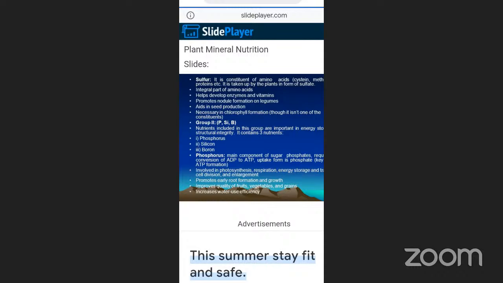In maize and tomato, phosphorus deficiency leads to purpling of the leaves on the lower side near the veins. Phosphates are easily transported inside the plant body. They are easily moved from old leaves to young leaves. As a result, the symptoms of deficiency are first seen in the old leaves.